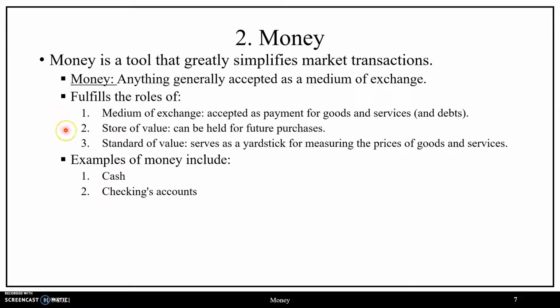It's a store of value in that you're holding your money in the bank account, and at any time you can go back to your bank and take your money out, or simply write a check at a later date to a particular institution to purchase a good or service. Similar to cash, it's a standard of value in that the amount of cash you have in your checking account you can use as a gauge of what the cost of other goods and services are.